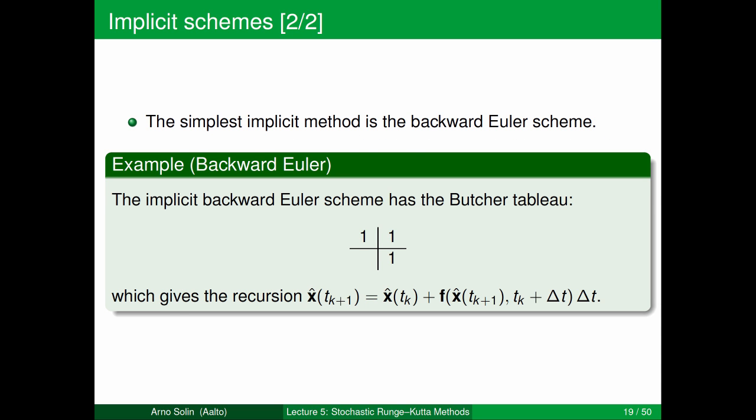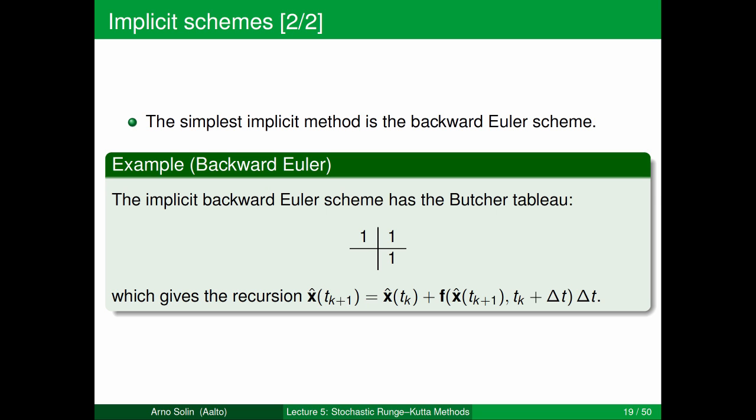The simplest implicit method is the so-called backward Euler scheme, where the Butcher tableau is now more full, in the sense that we have the same value of x, the x hat value in the expression here below, both on the left-hand side and the right-hand side of the equation.